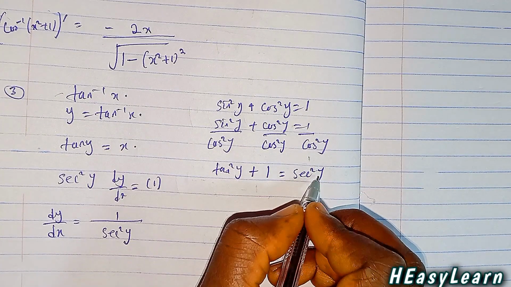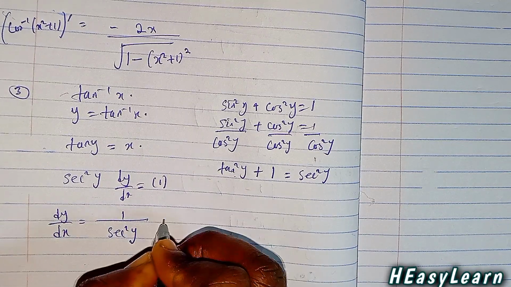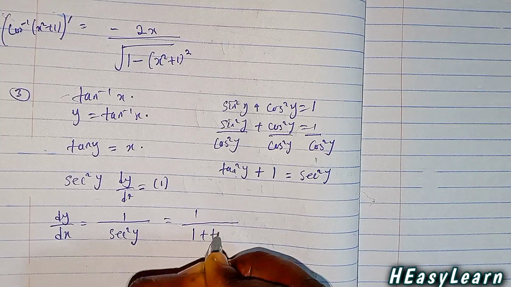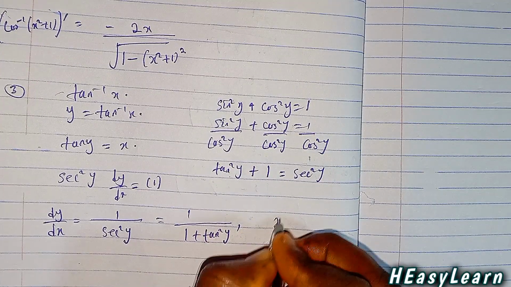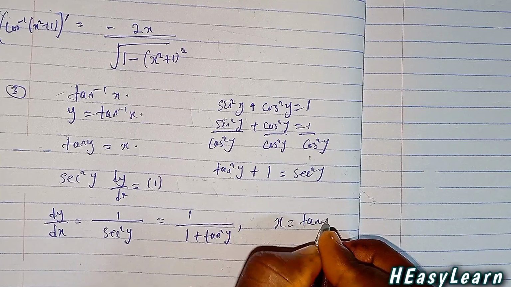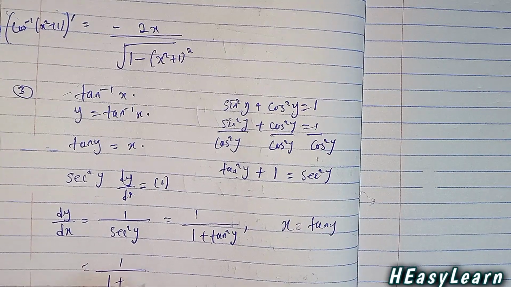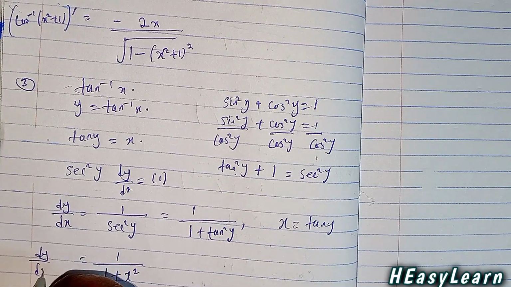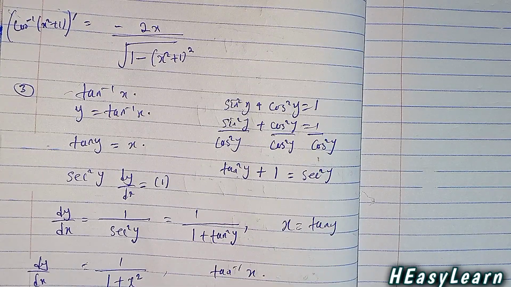So sec squared y is equal to 1 plus tan squared y. From this identity, this is the same thing as 1 over 1 plus tan squared y. But from above, x is equal to tan y. So 1 over 1 plus x squared. This is the derivative of the function tan inverse of x.